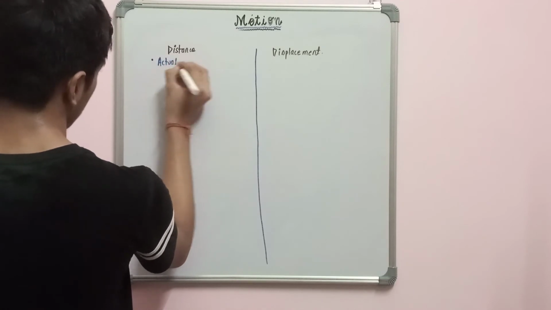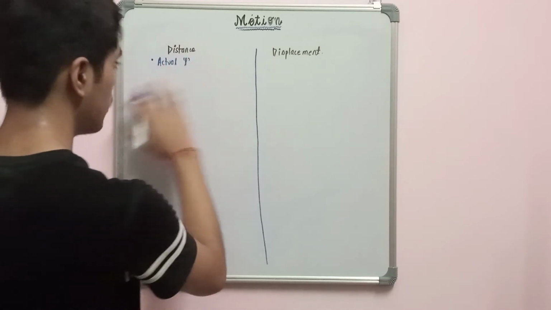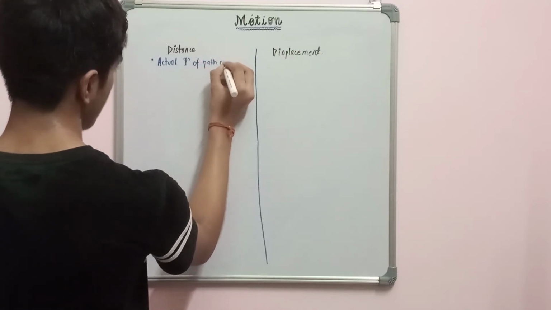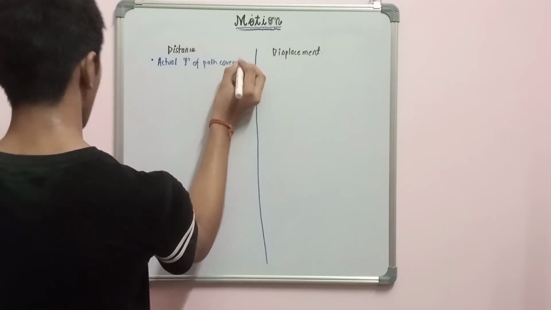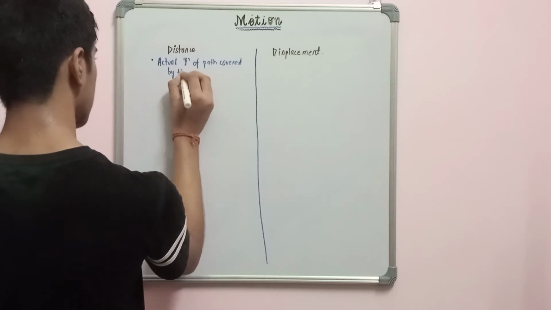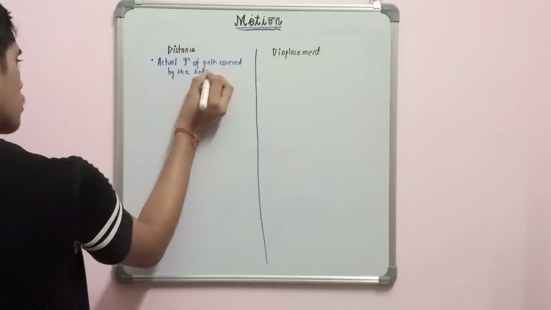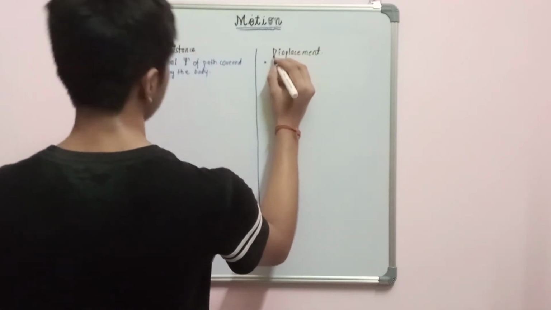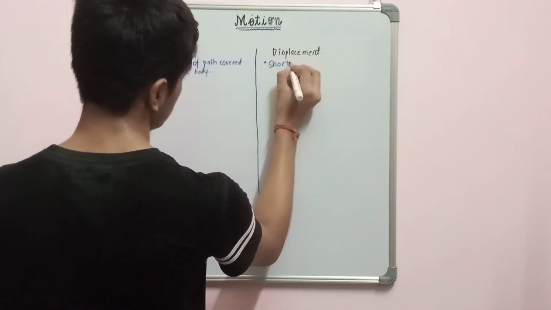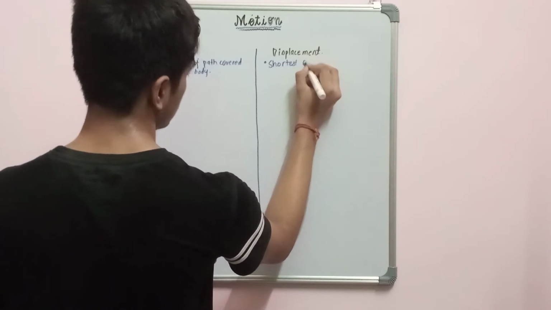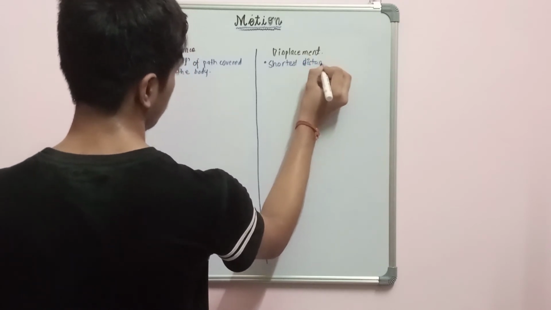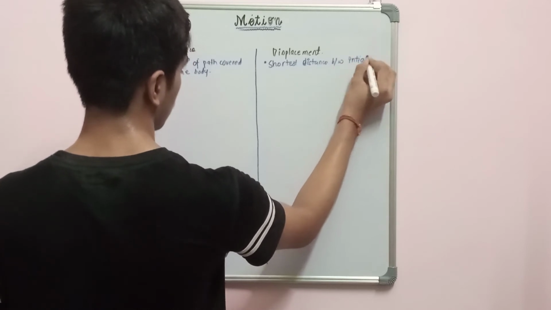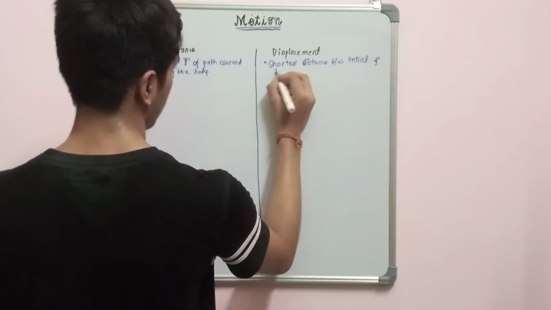I am denoting length with L, the length of the path covered by the body. And displacement is the shortest distance between initial and final point.